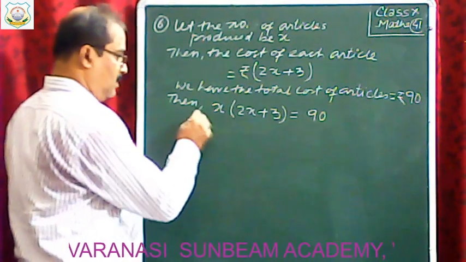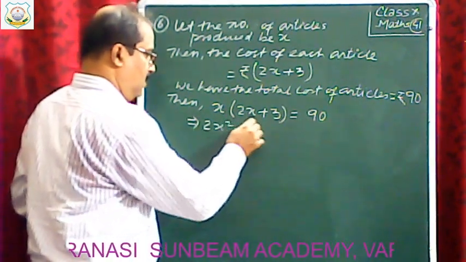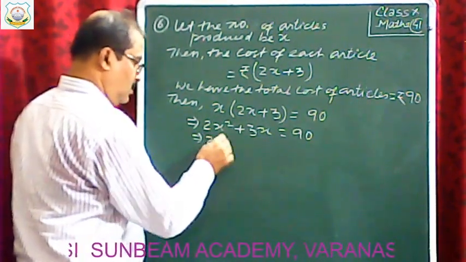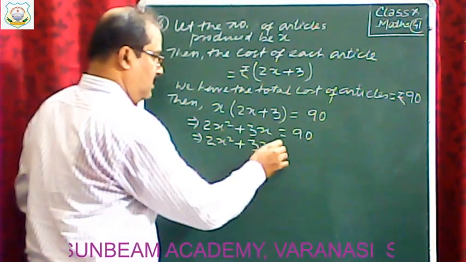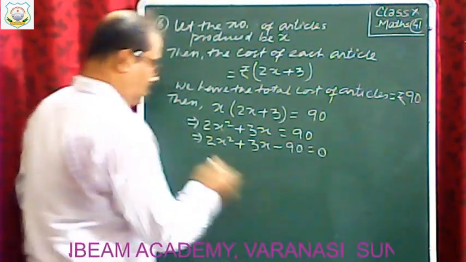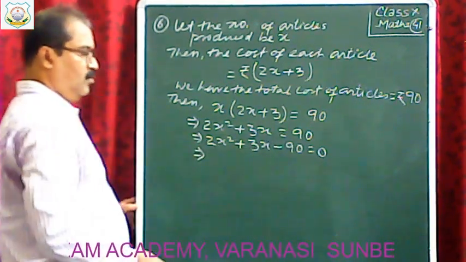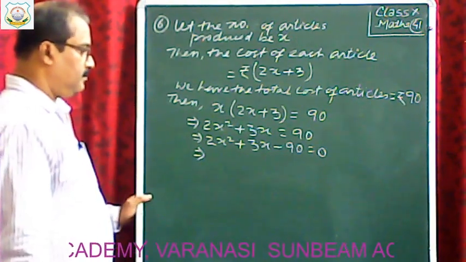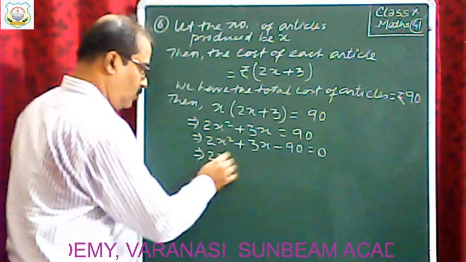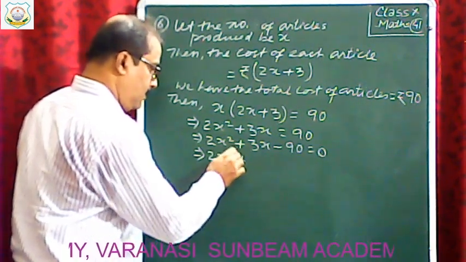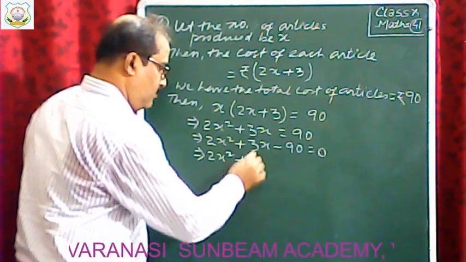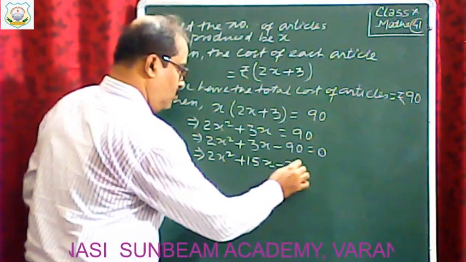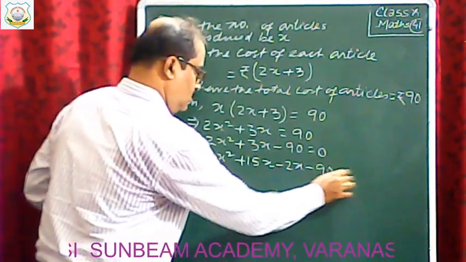Now simplify and form the equation. 2x square plus 3x equal to 90. So 2x square plus 3x minus 90 equal to 0. 90 into 2, 180. 15 into 12. Yes. So 2x square plus 15x minus 12x minus 90 equal to 0.